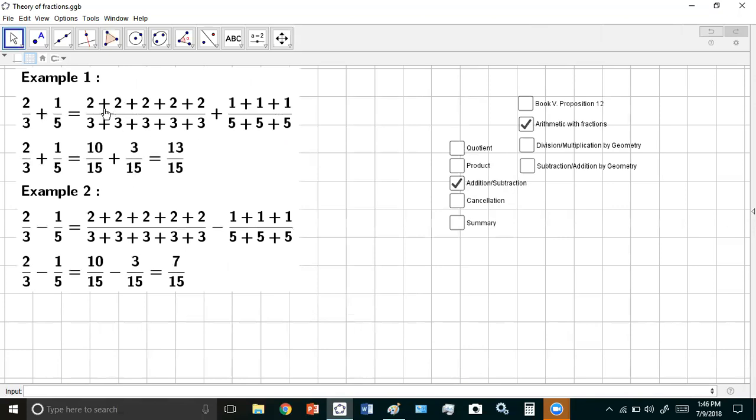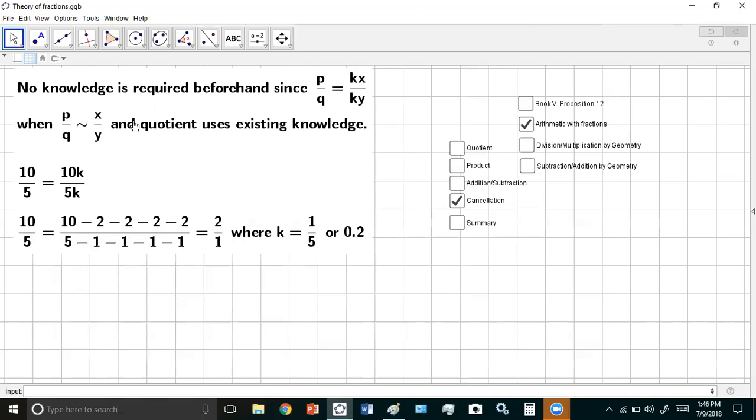So as long as we choose any one of these, as long as we find a fraction that's in proportion, which is, by the way, determined by cancellation, we can multiply the antecedent and the consequent by the same length, and then this will always be in proportion, right?